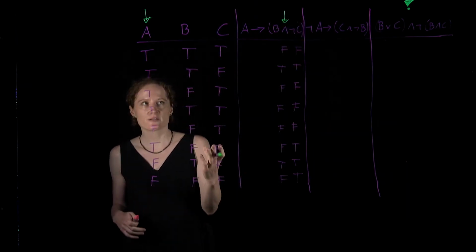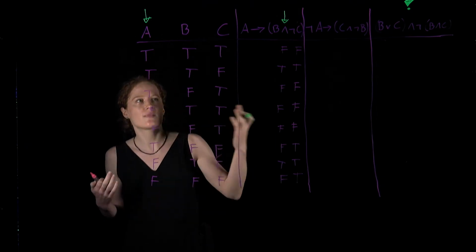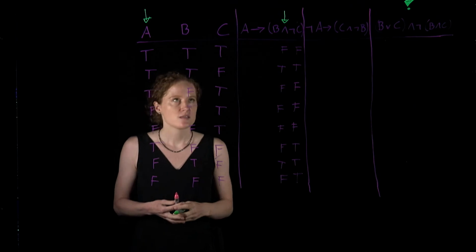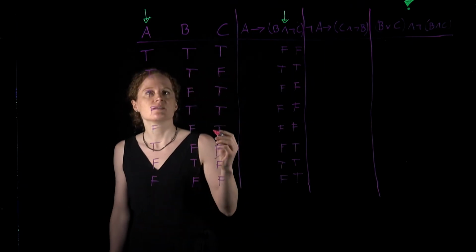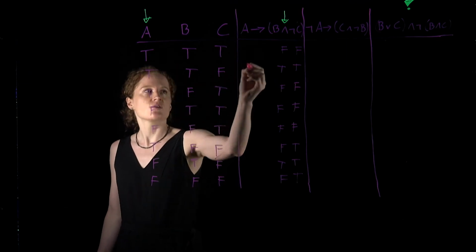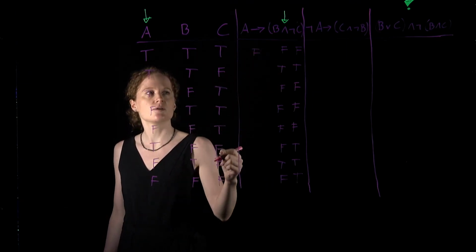And the conditional is false in just one case, namely when the antecedent is true and the consequent is false. So let's see what truth value it has on the different valuations. In the first row, the conditional is false, since A is true, but the conjunction is false.